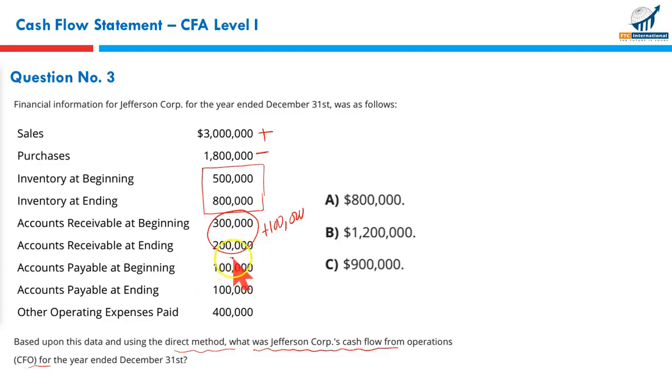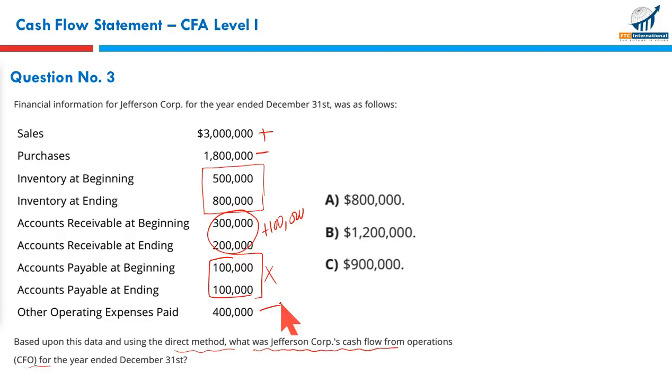Since there is no change in accounts payable balance, opening and closing balance is the same, so they have no effect at all. And then other operating expenses paid, 400,000. Of course, it's a payment, so any payment of operating expenses is considered an outflow.